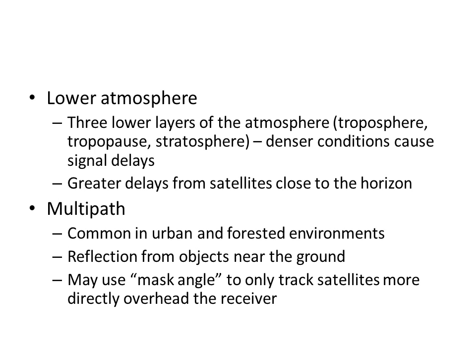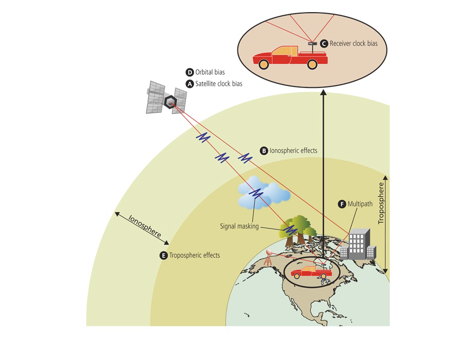Multipath errors are common in urban and forested environments, and reflection from objects near the ground is common. You may use mask angle to only track satellites more directly overhead the receiver. This shows the concept of various error sources in the atmosphere and on the ground as well.